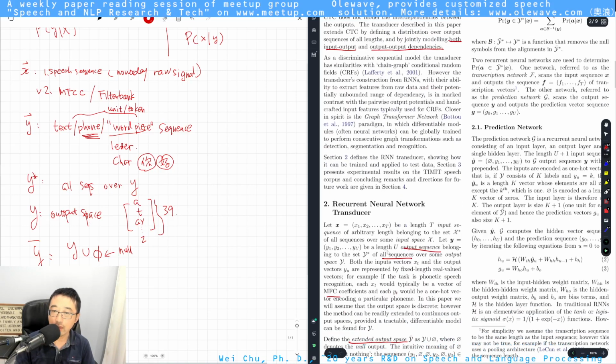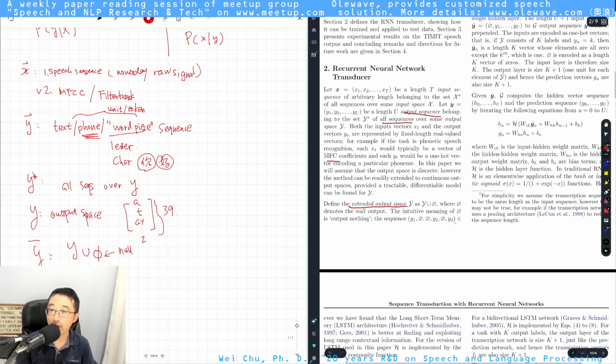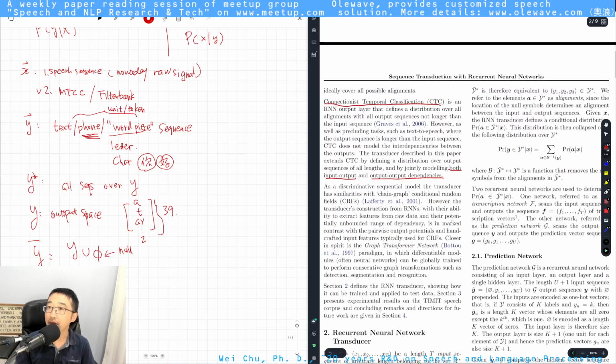So he did this expansion thing here, and in this space, Y star can be expanded.